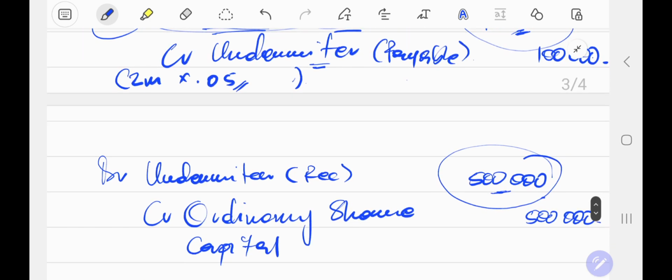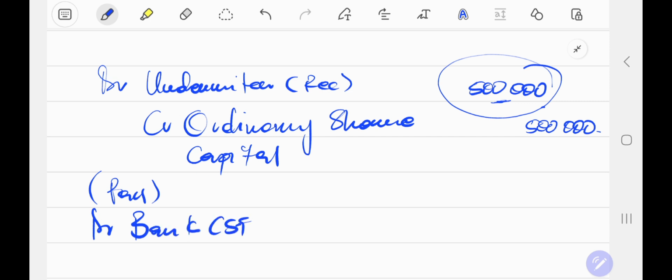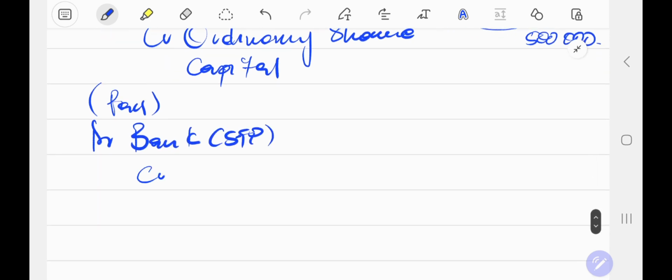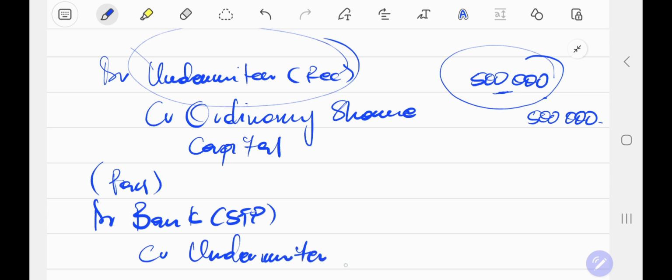So when you derecognize this receivable, when they pay the 500,000, you are going to debit bank, which is in the SFP, and then credit the receivable. They are no longer owing us. You credit the receivable, underwriter. So here you write the name of the underwriter, guys.